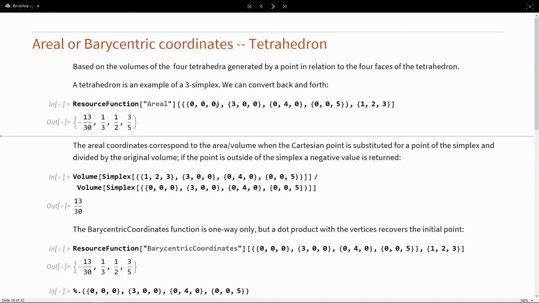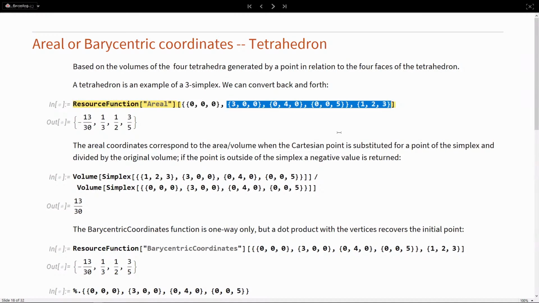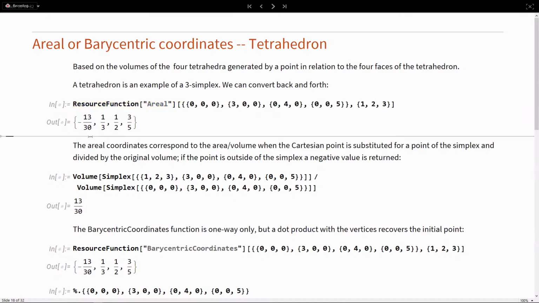So if we take out this point and add in this one, these 4 points will give a tetrahedron which has relative volume minus 13/30, which means the point is on the outside of the tetrahedron. These are signed volumes. The triangles use signed areas to determine whether a point is inside a triangle or out.